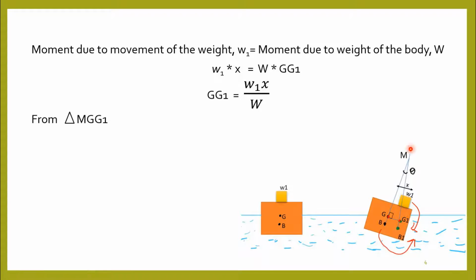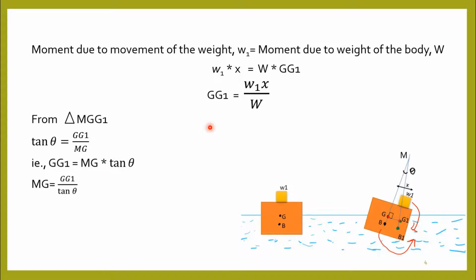Now from triangle MGG1, this is a right angle triangle, so tan theta is opposite side by adjacent side. The opposite side is GG1, the adjacent side is MG. So I can write GG1 is equal to MG into tan theta. So we have two expressions for GG1: W1x by W, and MG into tan theta.